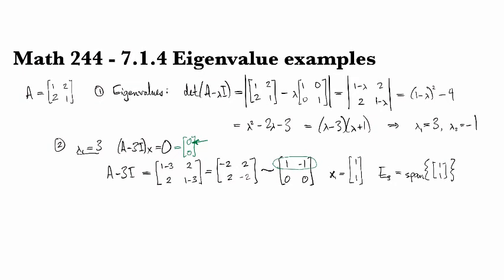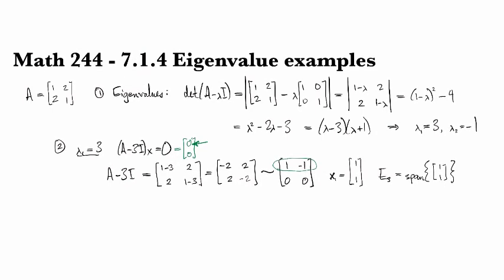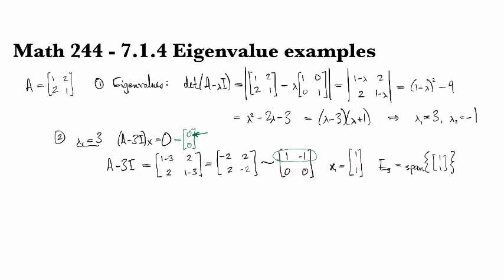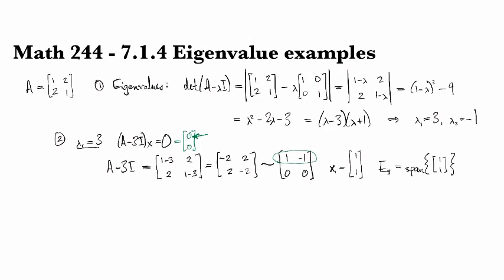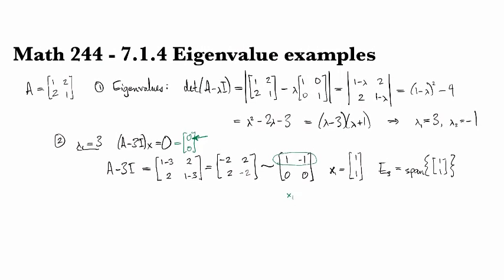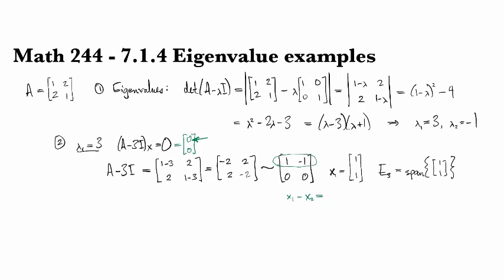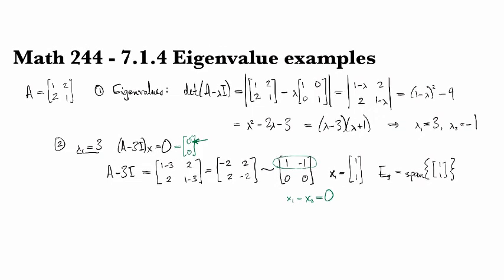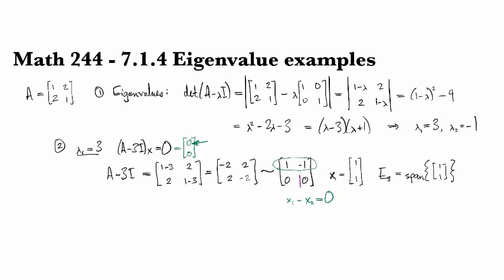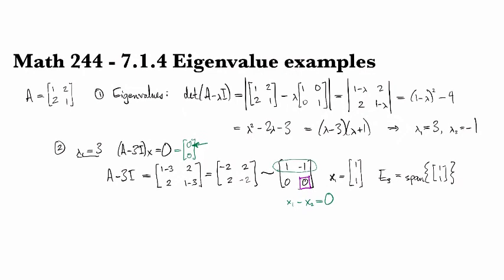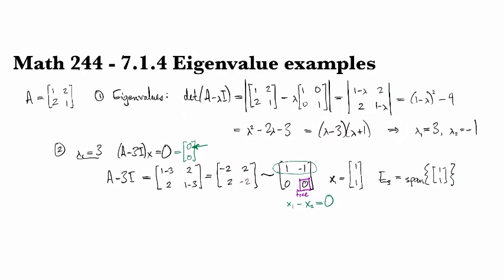If you want to back up even further, then recall that if we convert this back into the system of equations that it represents, the first row says x1 minus x2 equals 0, and then there's no pivot in the second column, so it is free.